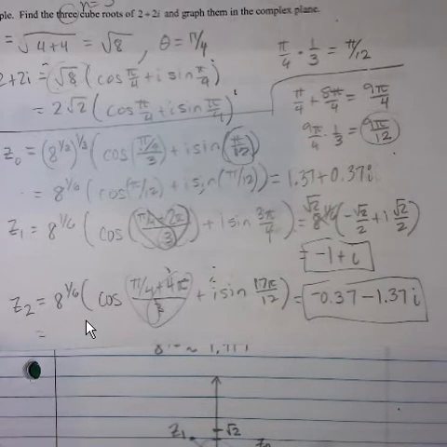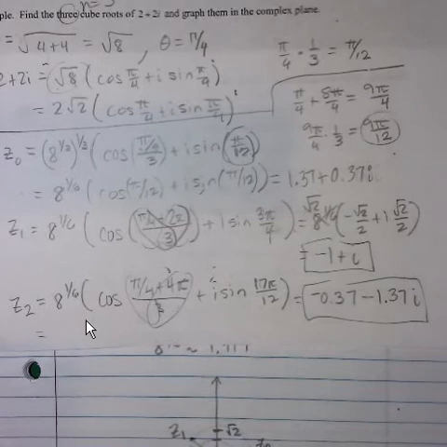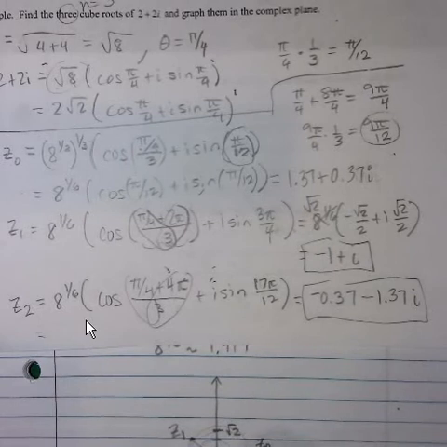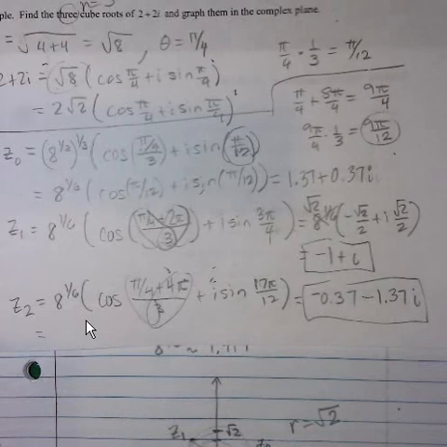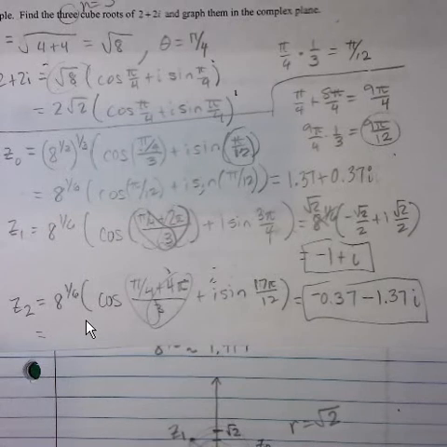That circle of radius, if I had a grid, this would look better, but circle of radius square root of 2, and all of these angles here in between are 2 pi over 3.